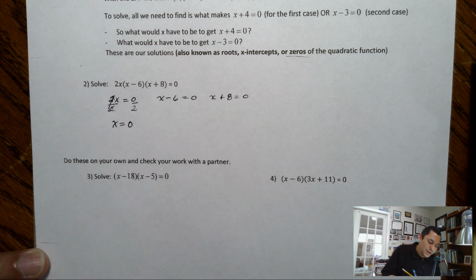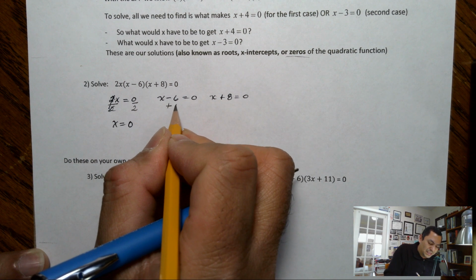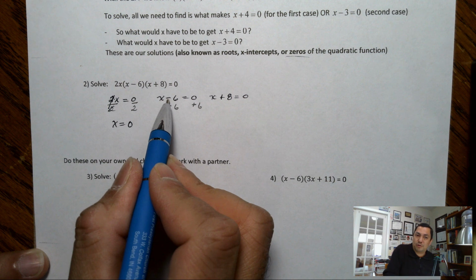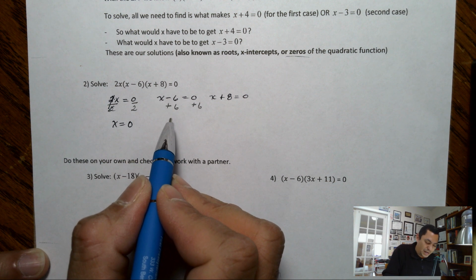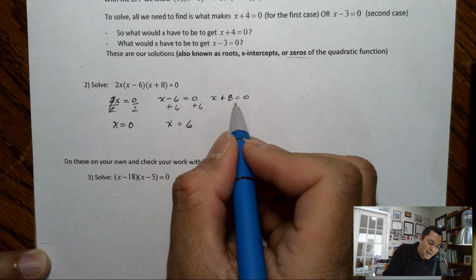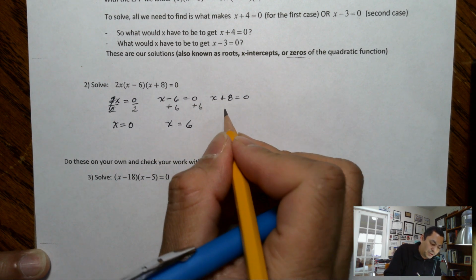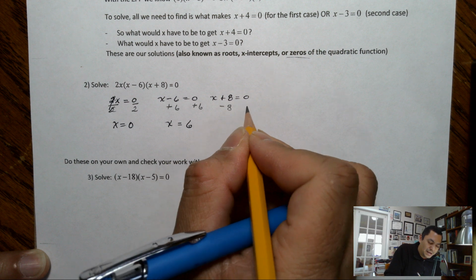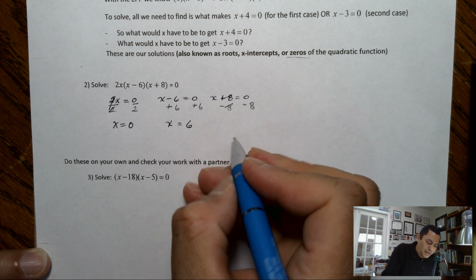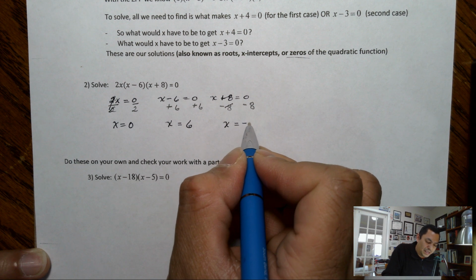Second, we add 6 to both sides of the equation because I have negative 6, so I use the opposite operation. So x equals 6. The last factor is x plus 8, so I use the opposite, minus 8 on both sides of the equation. 8 goes away, so x equals negative 8.